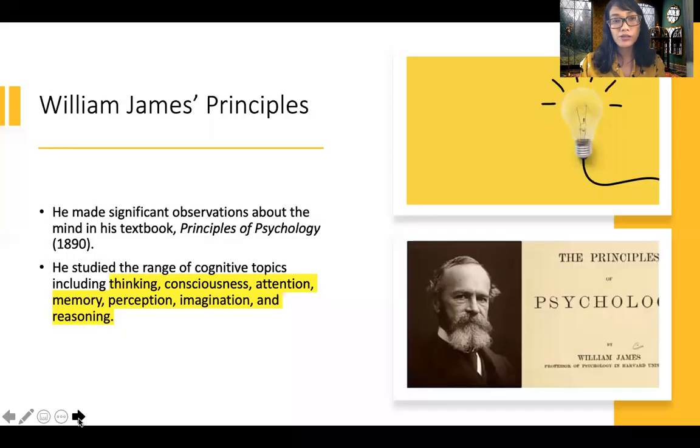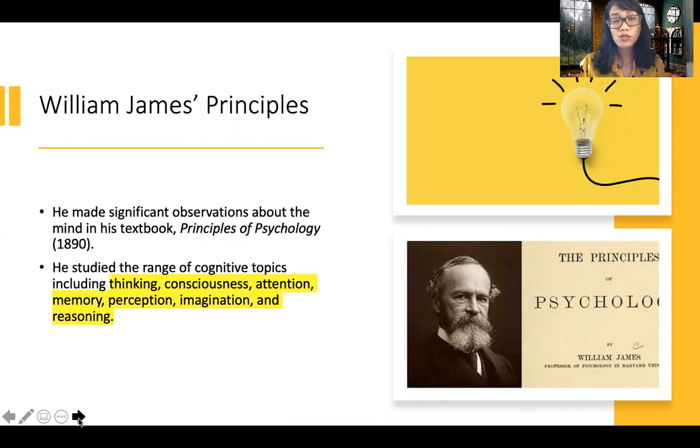The next pioneer in cognitive psychology is William James, one of the early American psychologists. He taught Harvard's first psychology course and made significant observations about the mind in his textbook Principles of Psychology in 1890.